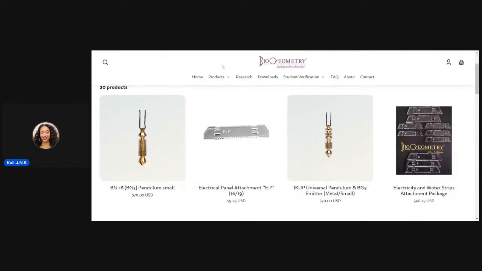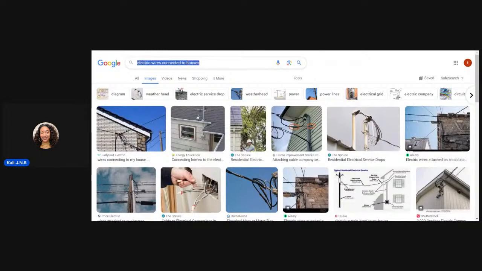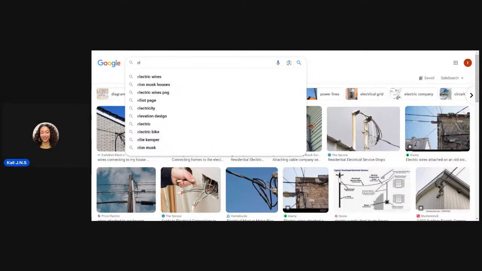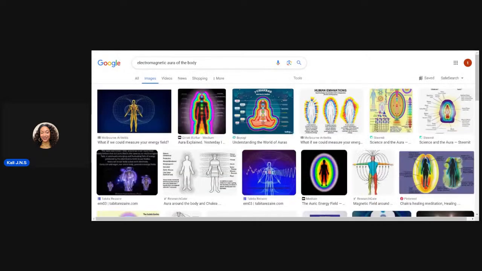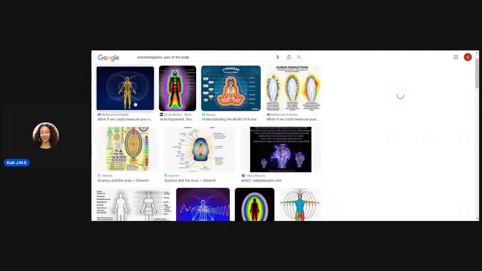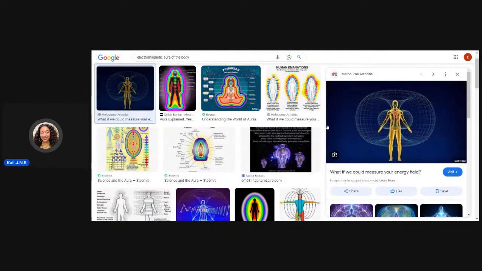And another thing is, when we're talking about the human body, before I show you these solutions, I want to talk just a little bit more about the human body's electromagnetic aura body. Okay, so believe it or not, this electromagnetic field of your body does interact with the negative green, and it's balanced.